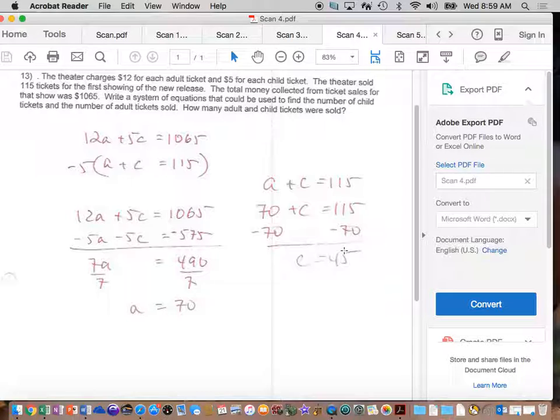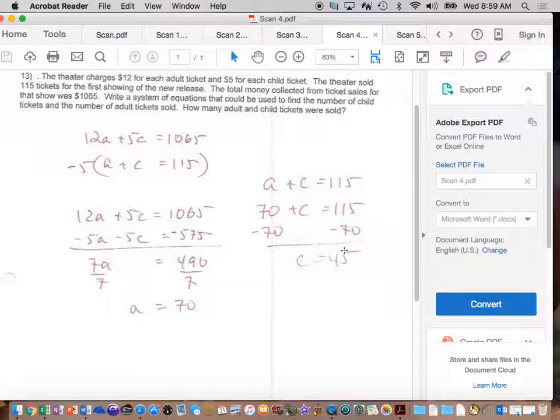What's the only thing that hasn't been used so far in that paragraph? The amount of tickets. No one wrote an equation yet for the fact that 115 tickets were sold. But here's the problem. It doesn't say the number of adult tickets and the number of child tickets was 115.